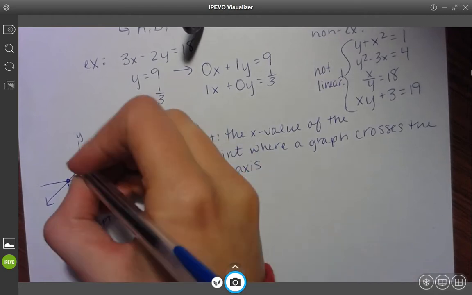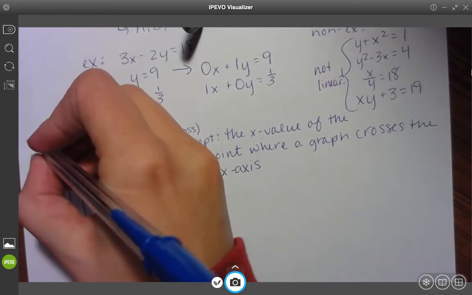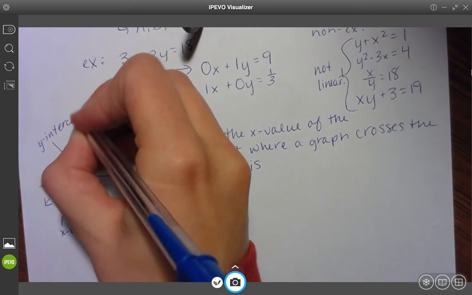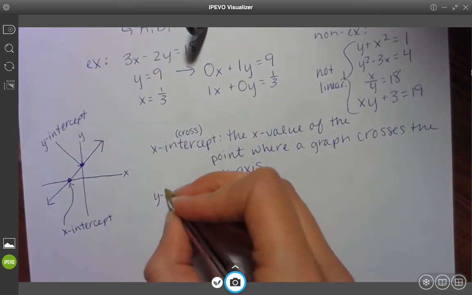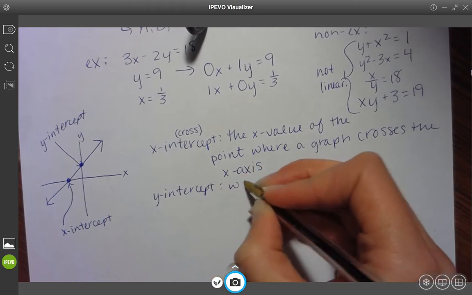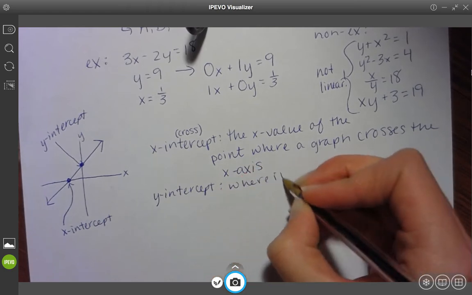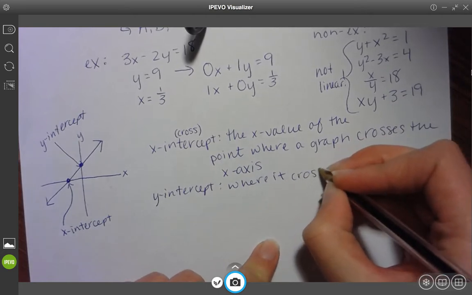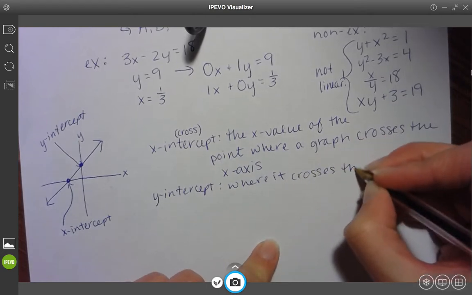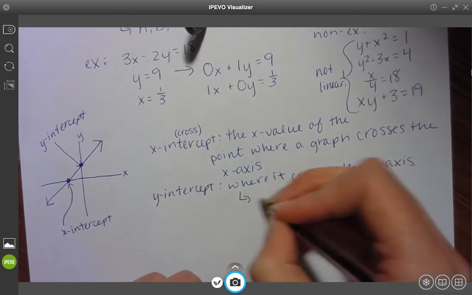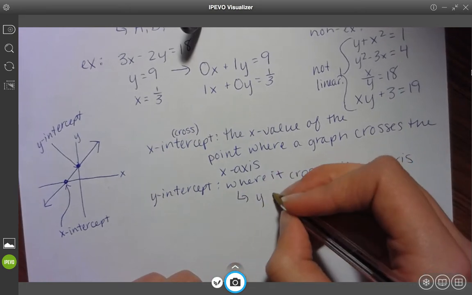Then my y-intercept is exactly what it sounds like. My y-intercept is where, in reference to this, it crosses the y-axis. And I should have added this in: it's the y value at that point.